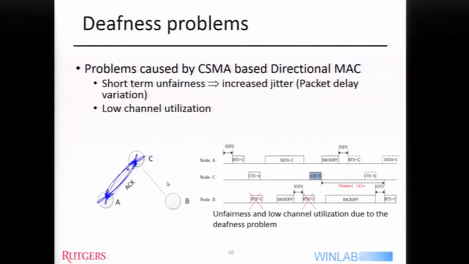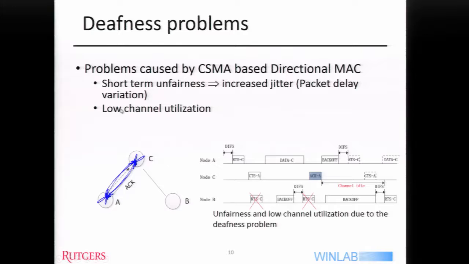So there are two cases. In the first case, if node A has another packet to transmit, it will transmit after a very short period of backoff. Therefore, if node A grabs the channel, it will have the advantage over node B to grab the channel again.